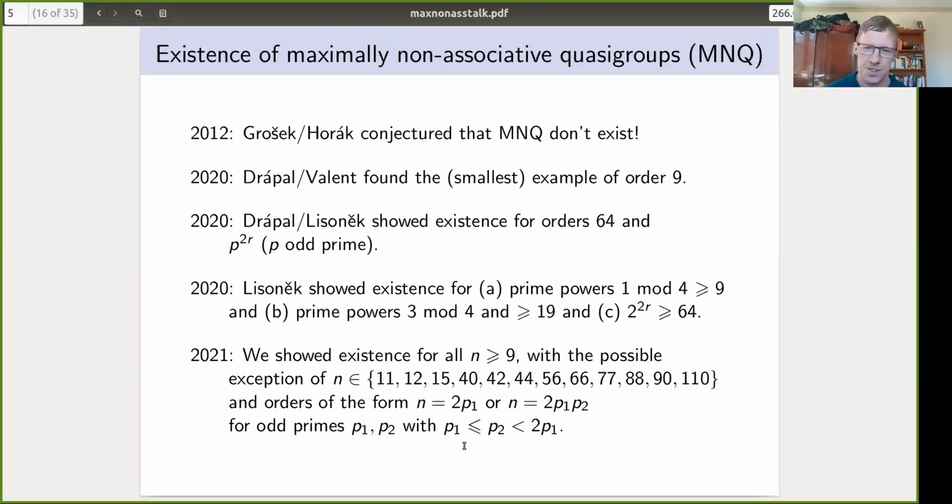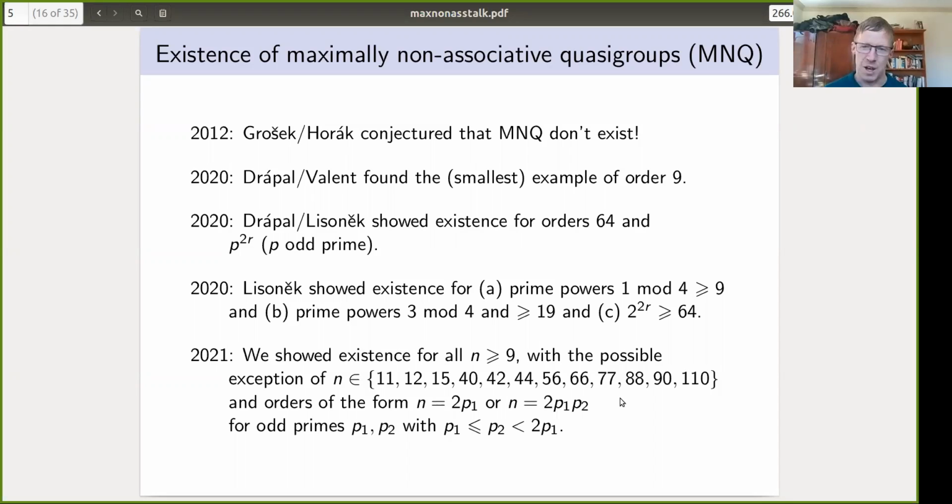So this is a theorem that I want to tell you about today. What we can show is that these maximally non-associative quasi-groups exist for all orders, well, only 9 and up, because we know everything below that doesn't exist, with a bunch of possible exceptions, just some sporadic cases, and then 2 infinite families, twice a prime, and twice the product of 2 similarly sized primes.